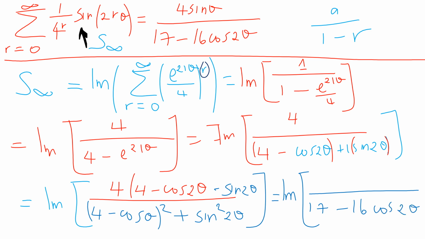Now the numerator, let us expand. 4 times 4 is 16, then minus 4 cos 2 theta, then minus, see a minus sign here, 4 sine 2 theta.